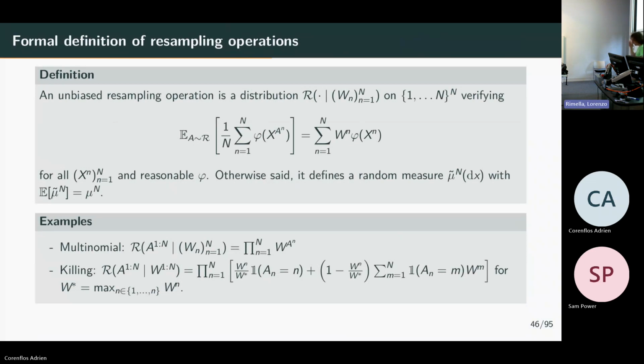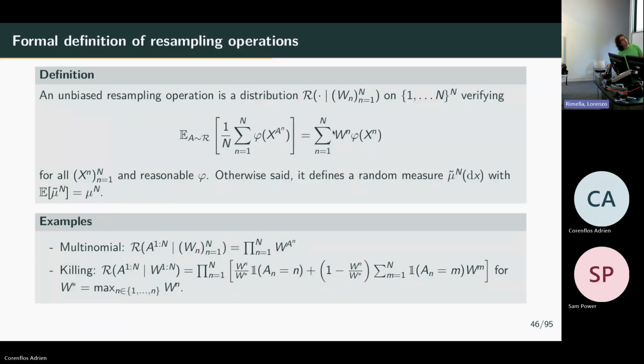There are different perspectives on that, but a formal definition of an unbiased resampling scheme is a distribution of indices that correspond to selecting particles in a way that preserves expectations.